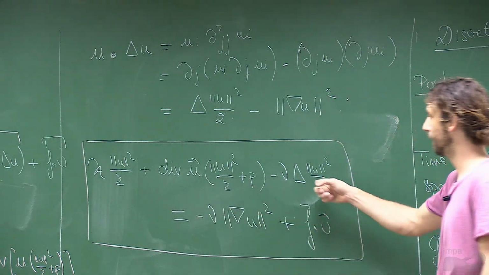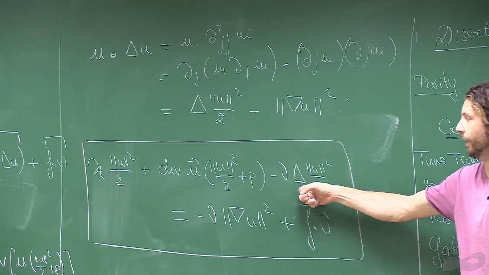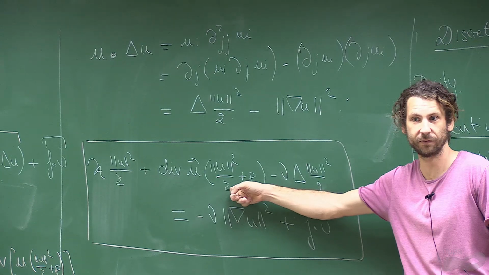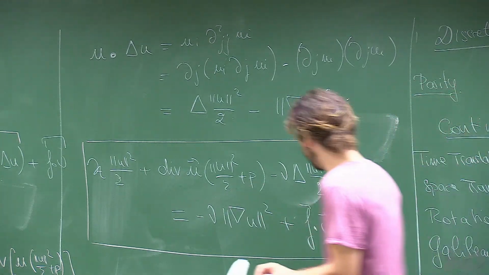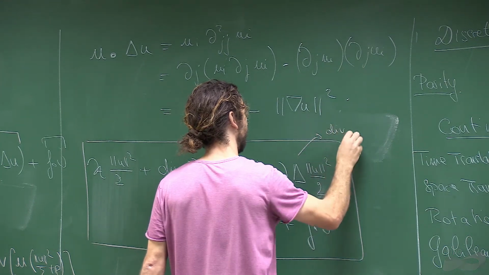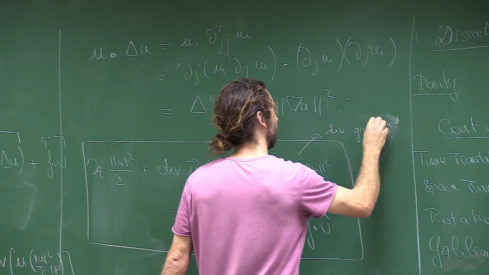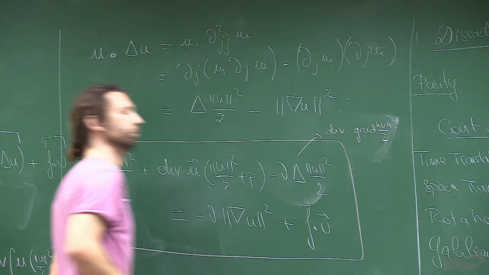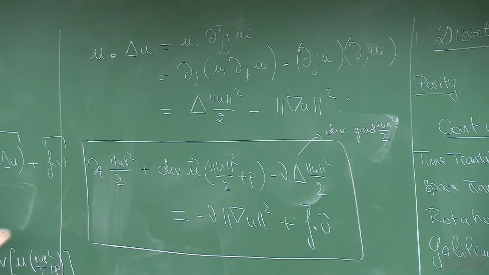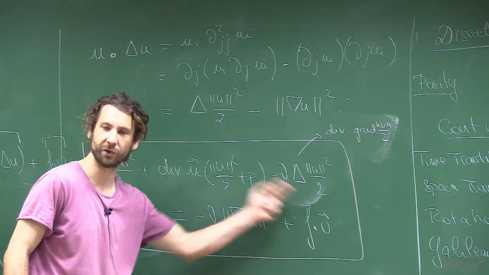In fact, the Laplacian term can also be entered in the divergence, because it is the divergence of the gradient of u squared over 2. So we have divergence terms, and then some terms which are not in divergence form.